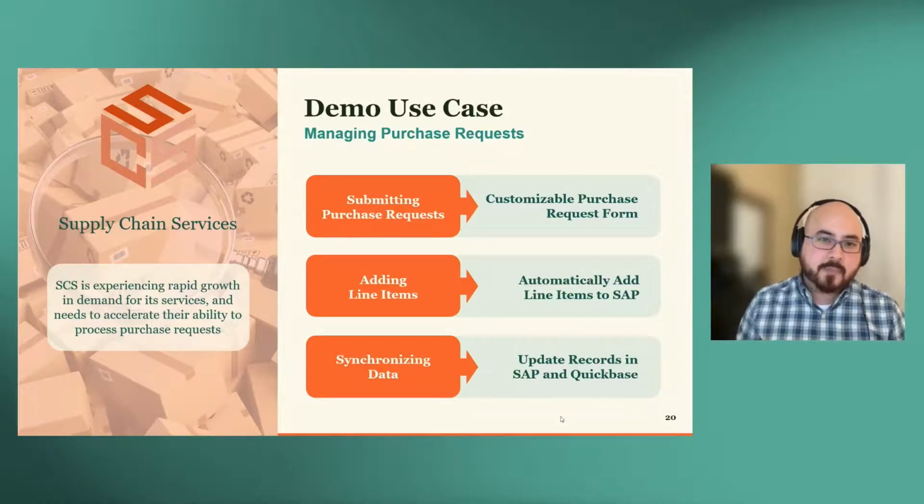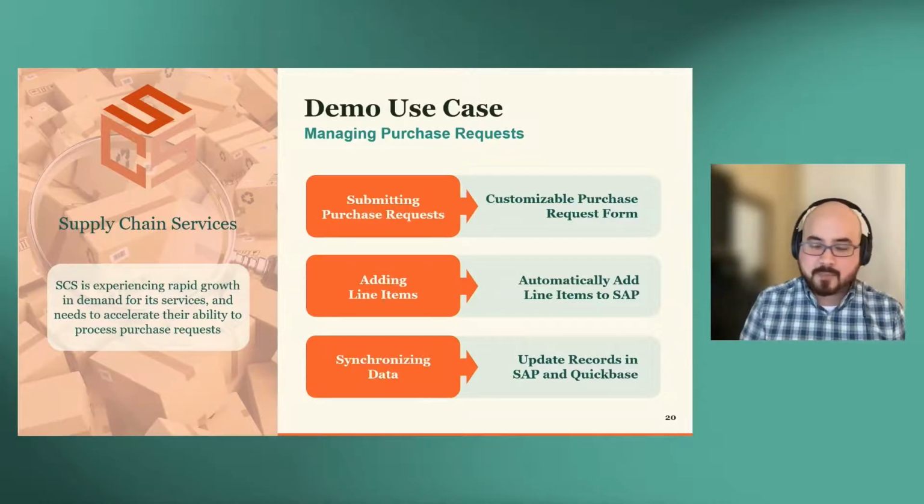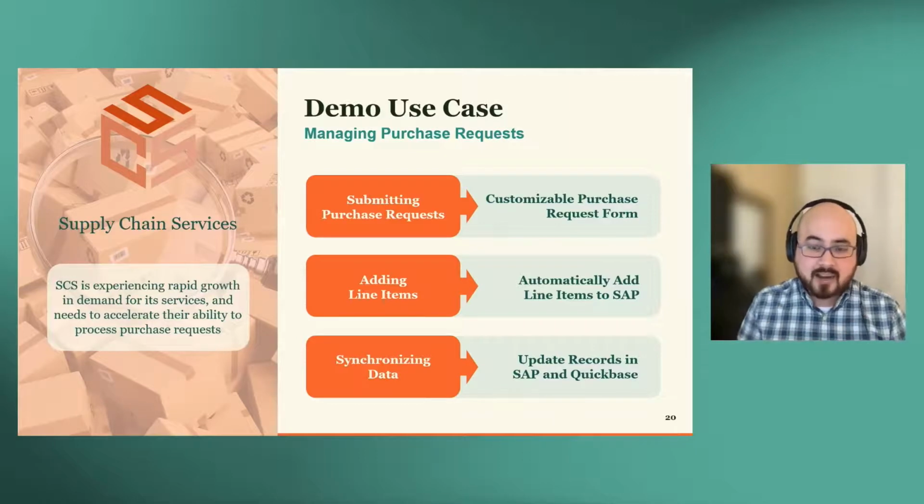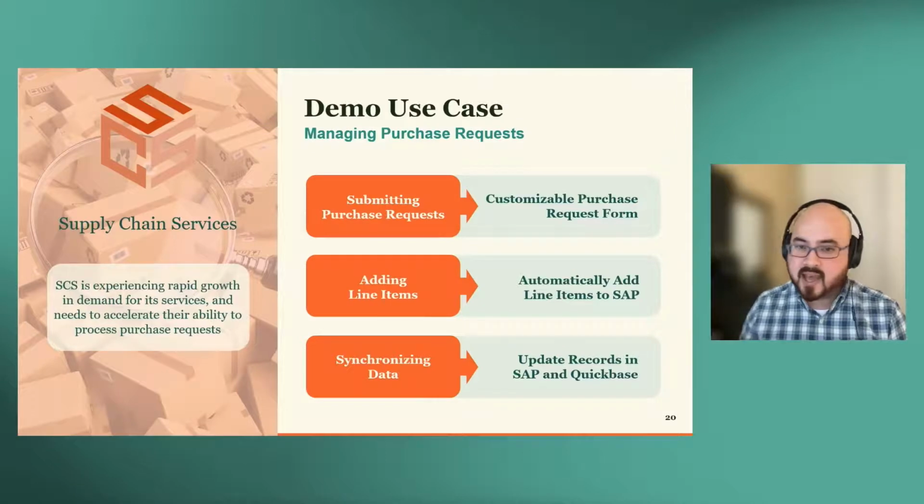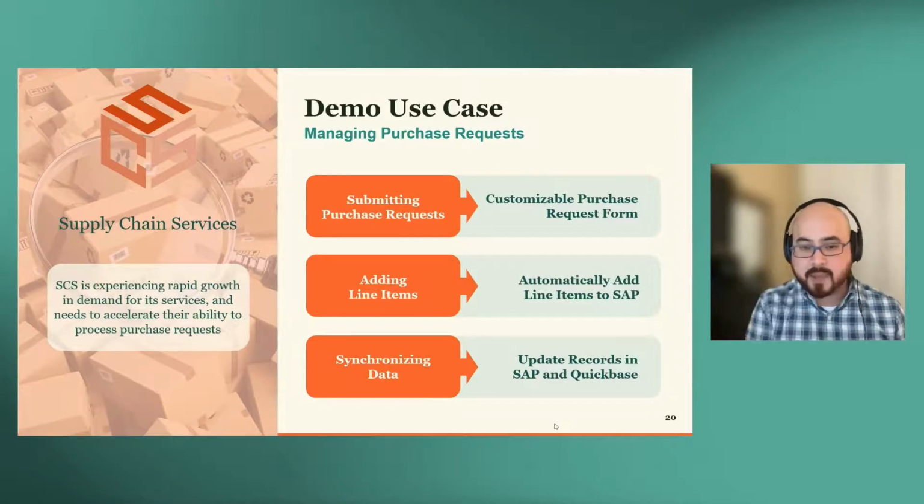A few key requirements: they need a customizable and flexible way that's easy for people to actually submit purchase requests. So that's going to be done outside of their ERP. But when those requests are submitted, we want that to actually be able to make its way into the ERP. We want to be able to add line items to that as well. And we'd also really like to be able to synchronize data, making sure that if you're submitting requests or making updates to those requests, they're always reflected in SAP, and vice versa.